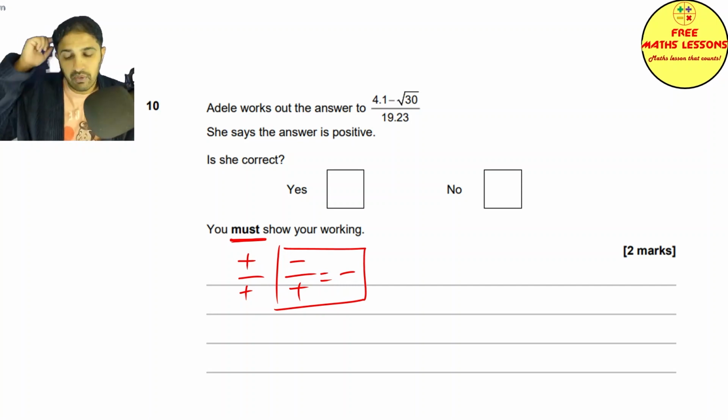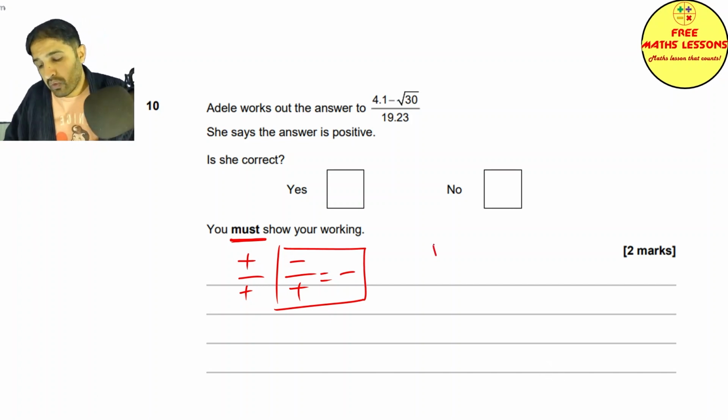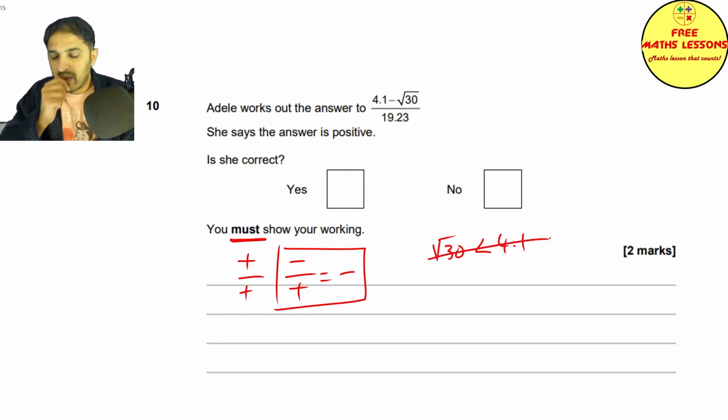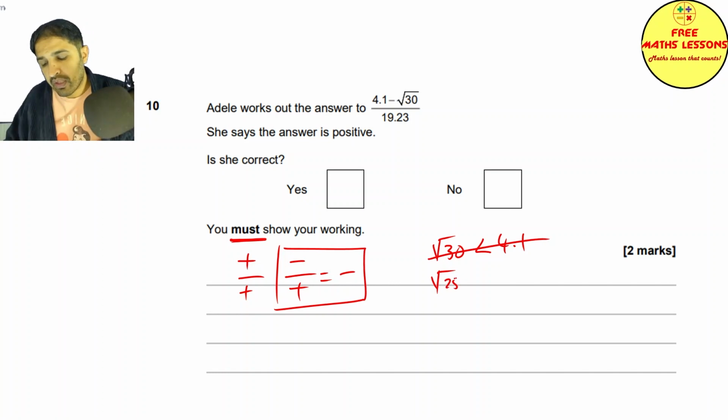So let's say you're doing 4.1 minus root 30. Your root 30 needs to be smaller than 4.1. If that's the case, then the answer would be positive. But let's look at root 30. How do you work out what root 30 is going to be? What's the square number before 30? It's 25. What's the square root of 25?